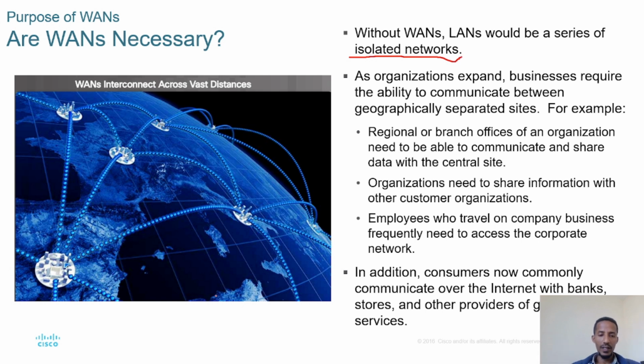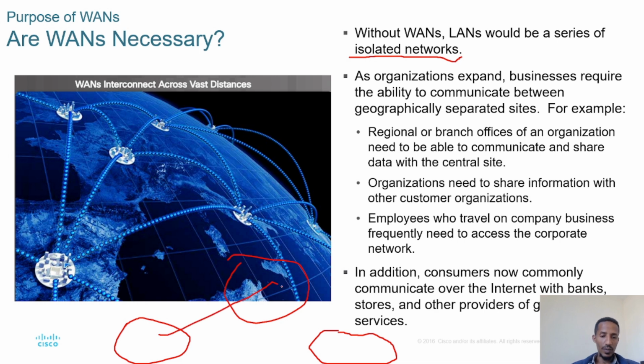Let us say you have some network in USA, some network in Africa, and some network in one of the companies in South America. If you want to communicate these different remotely available areas, you cannot connect them to the LAN because they're not in the same campus or the same area.